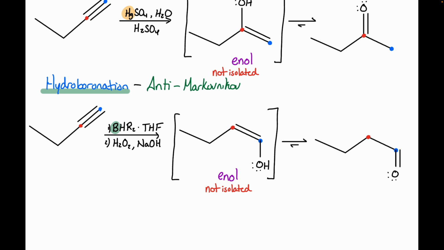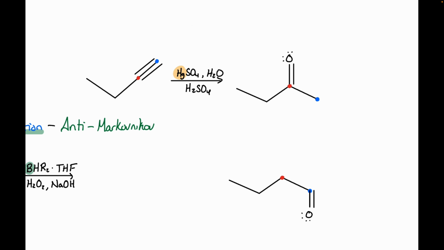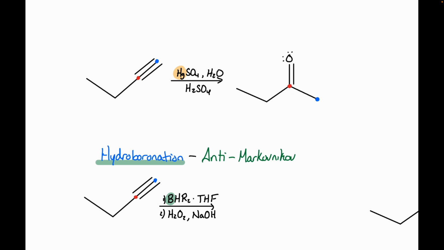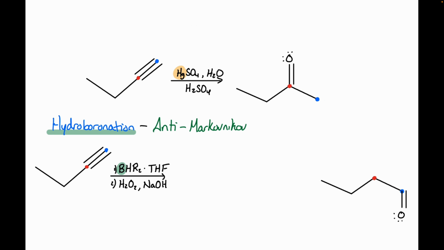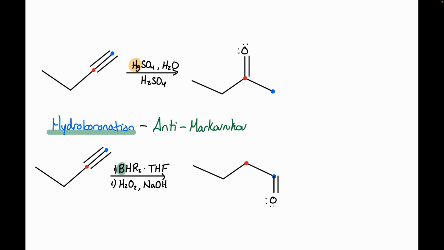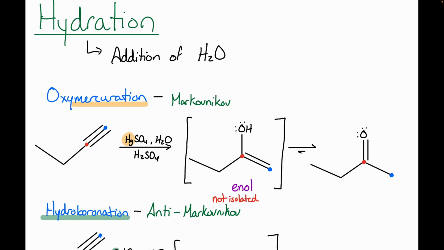If we're going to summarize our hydroboration reaction, let's just grab our reactant and our final product here. Okay, so yes, you have that enol intermediate, but importantly, these are ways of converting alkynes into aldehydes and ketones.